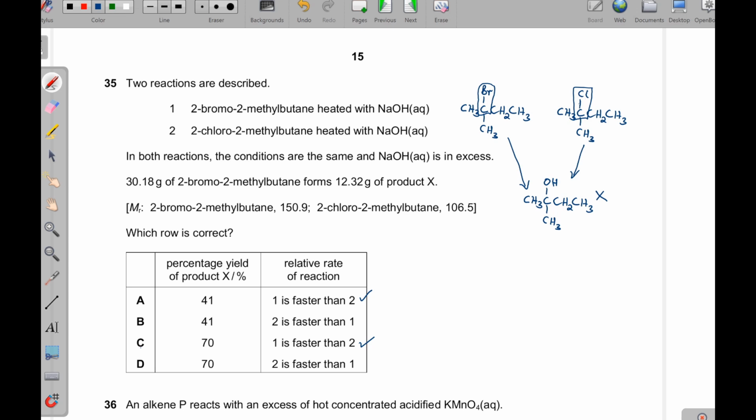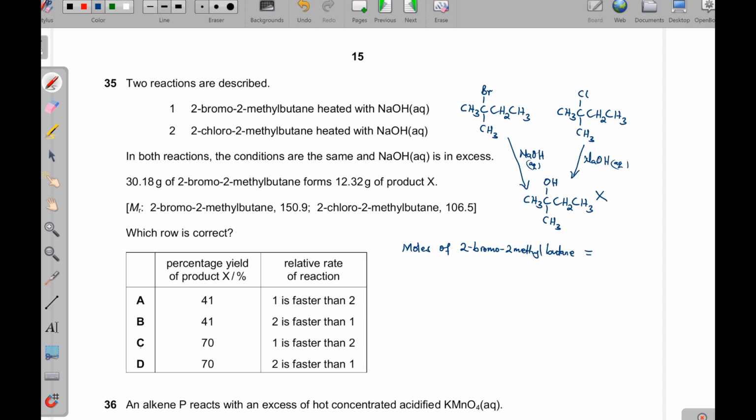Now, when we react these ones with sodium hydroxide, okay, we are putting sodium hydroxide aqueous, also here sodium hydroxide aqueous. So we are getting the reaction mole ratio is 1:1. Now let us look at the moles of the 2-bromo-2-methylbutane.